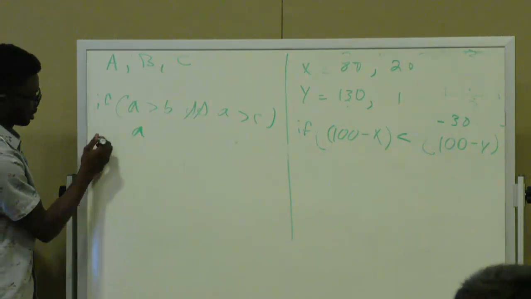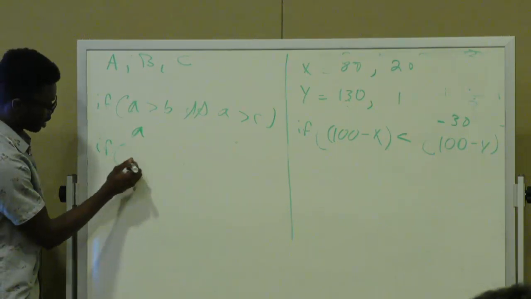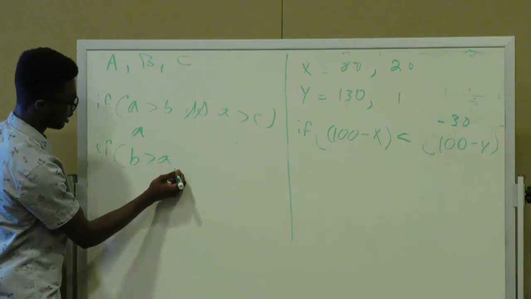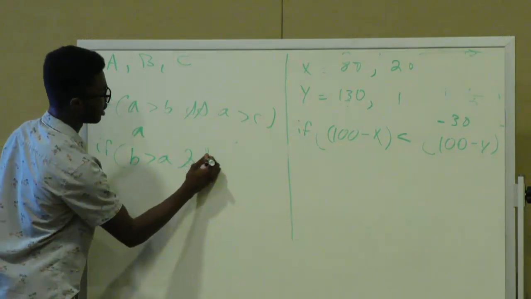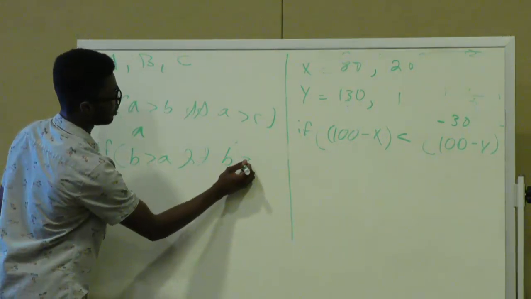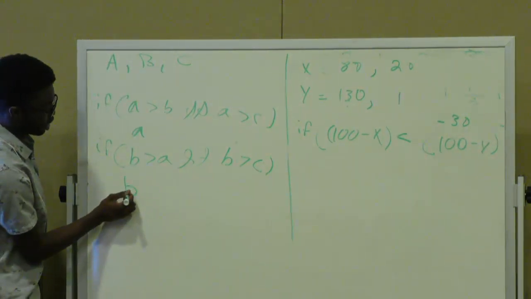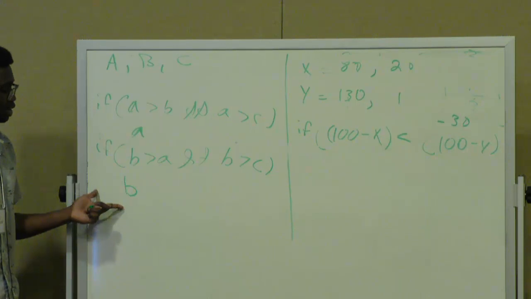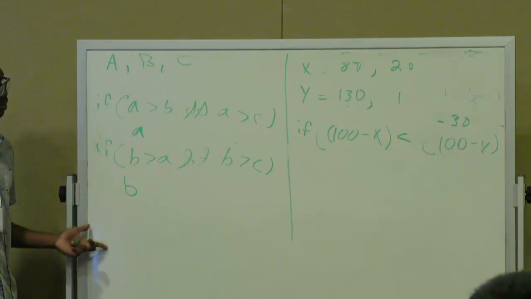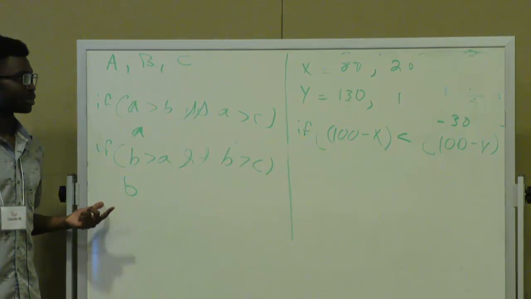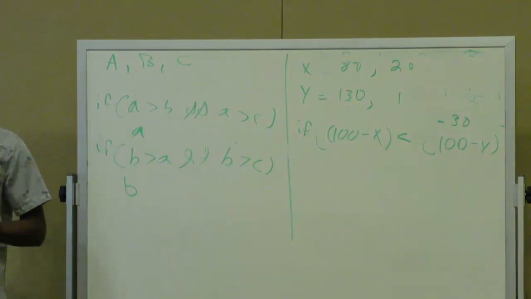What about the other ones? Well, we have the same idea. We check if B is greater than A and is B greater than C. If B is greater than C and A, then we know that B is the largest. And the same comparison can be done with C. You'd only need 3 if statements.